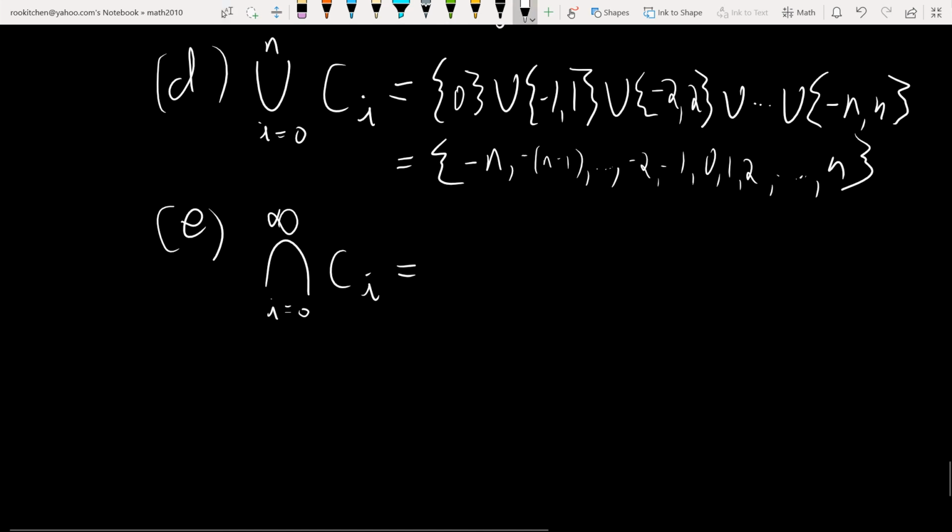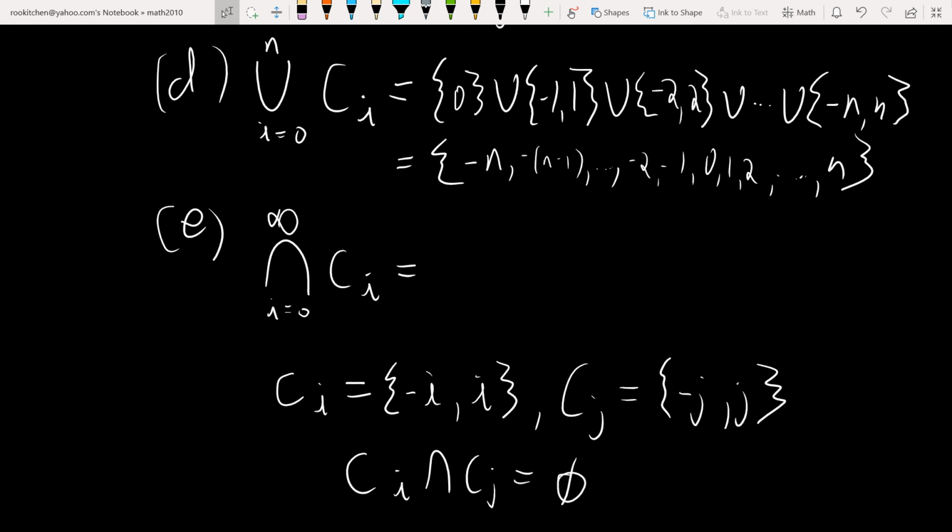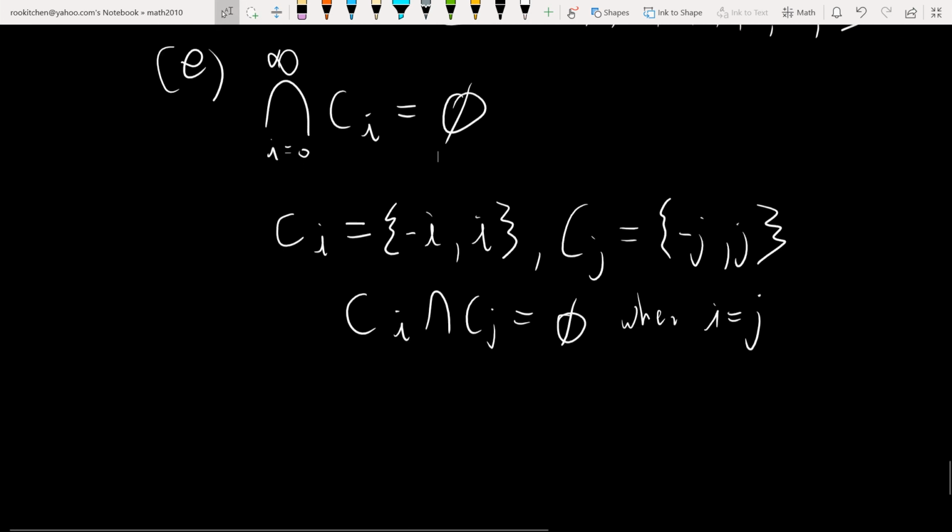In particular, we'll note C sub i would equal [-i, i], and then C sub j, and maybe I shouldn't use C sub i, but hopefully you get the picture, [-j, j]. Thus, C sub i intersect C sub j will be empty whenever i does not equal j, which means they're mutually disjoint, right? So at the end of the day, this intersection won't have anything in it.